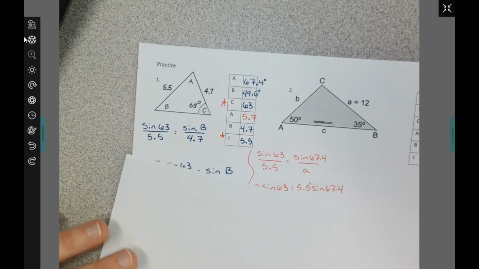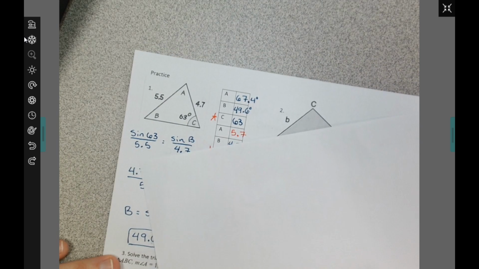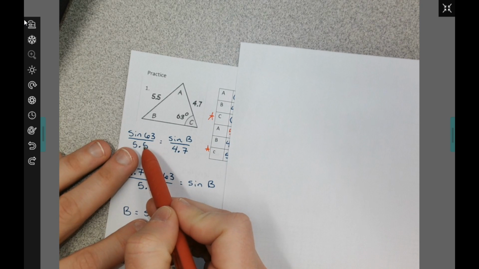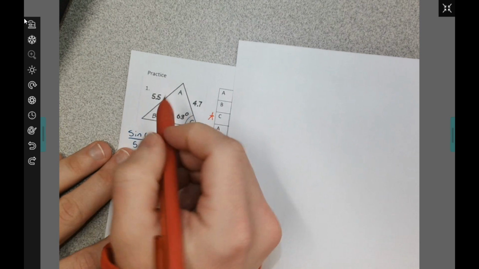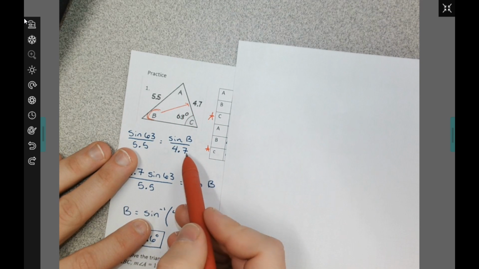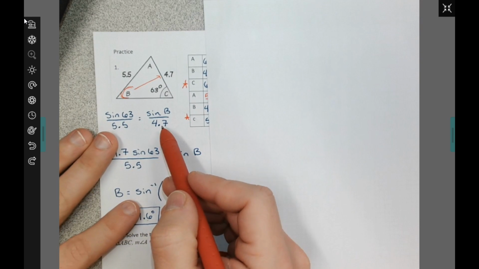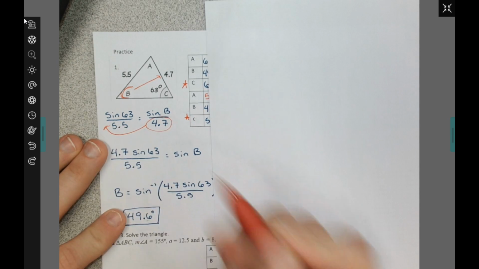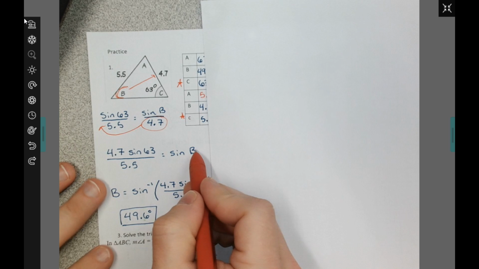I went ahead and solved for angle B first. So I have sine 63 over 5.5 equals sine B, because I don't know the angle, over 4.7. From there to solve, you bring the 4.7 up to the other side, which we did. And then we're trying to solve for an angle here.